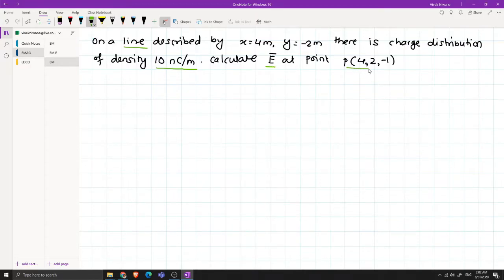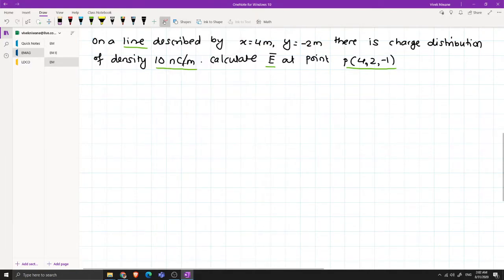The given point is (4, 2, minus 1). Looking at the coordinates, definitely this is a Cartesian coordinate system. We will try to analyze what kind of geometry this problem statement will make, a simple geometry. We are not going to go much deeper into it, but we will try to analyze.